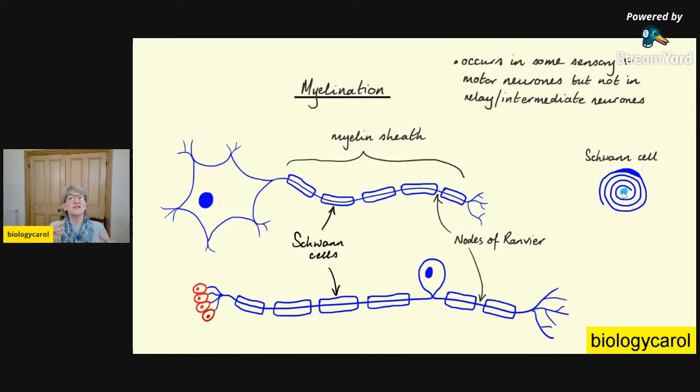So hopefully you can see that you get multiple layers of the cell surface membrane, one on top of the other, making that fatty myelin insulating covering of the axon or the dendron, and it electrically insulates them.